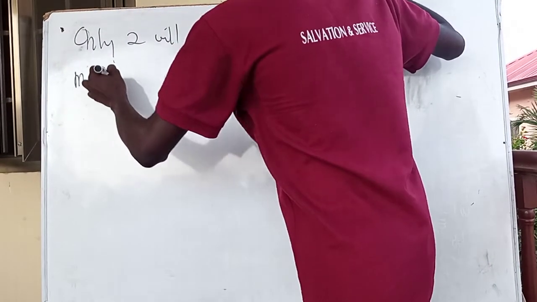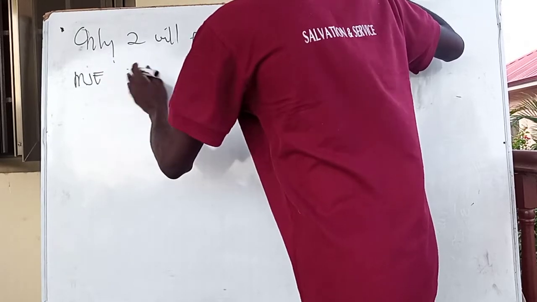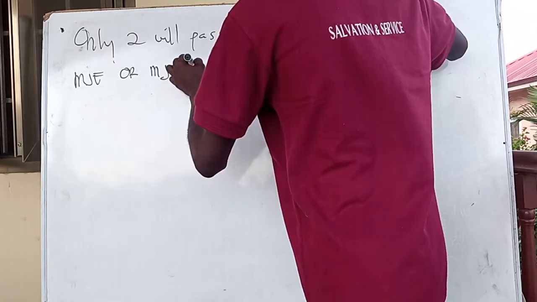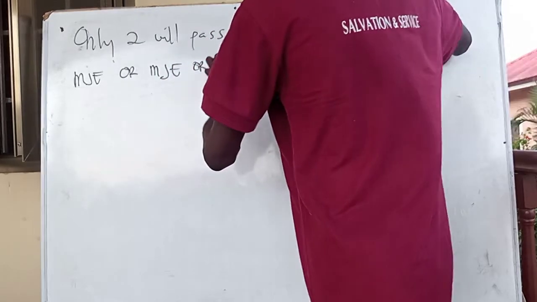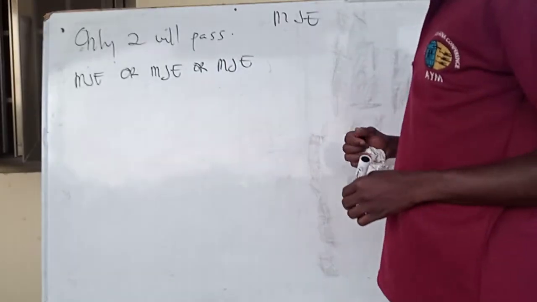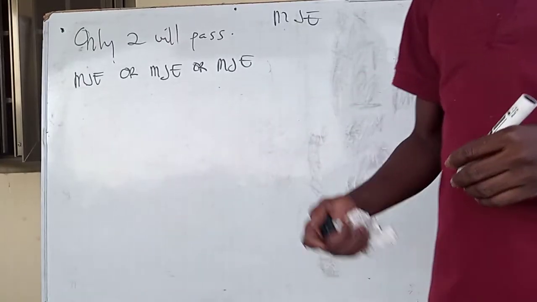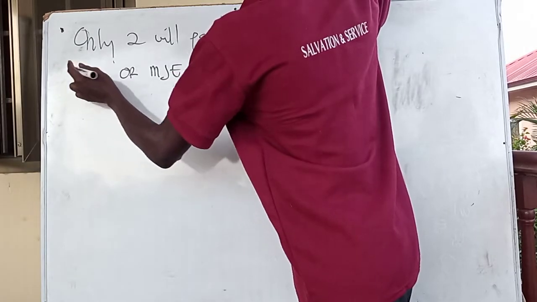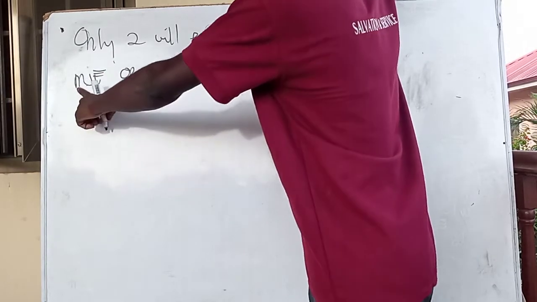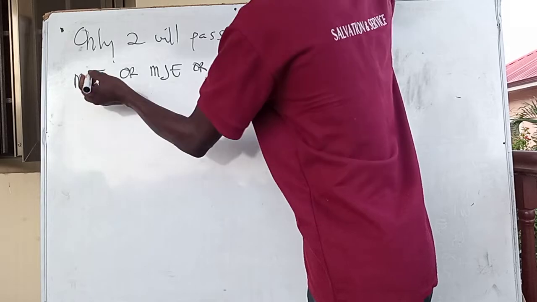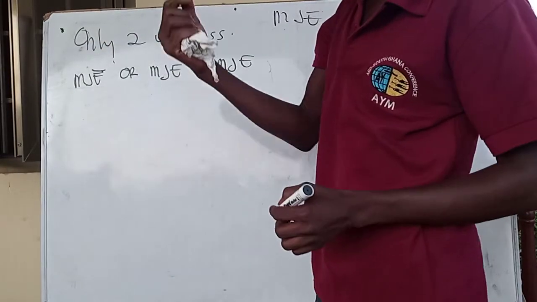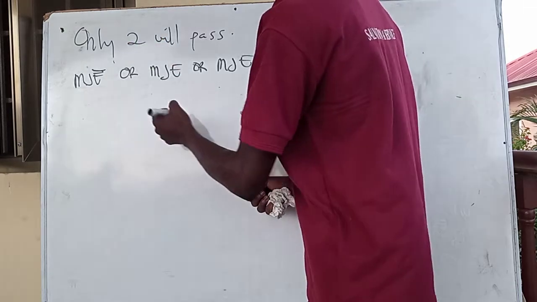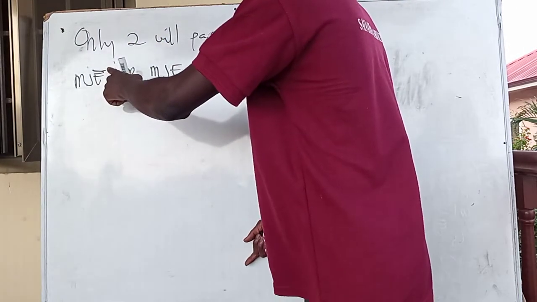It can be that M will pass, J will pass, and E will not pass. So we are interested in finding where only 2 will pass. So here, which one does not pass? E, right?